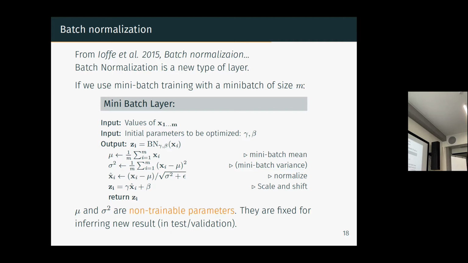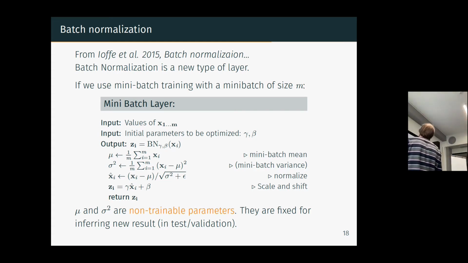Sometimes you can diverge and have very strong values, either negative or positive, which is a problem for the training. This is only a way to renormalize the values between two layers. You have two traditional layers, you add one batch normalization layer, and it renormalizes your values between -1 and 1. So this is good.